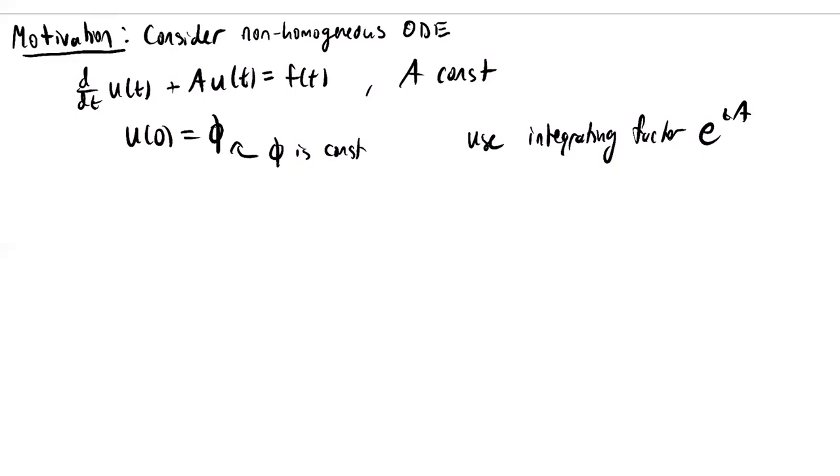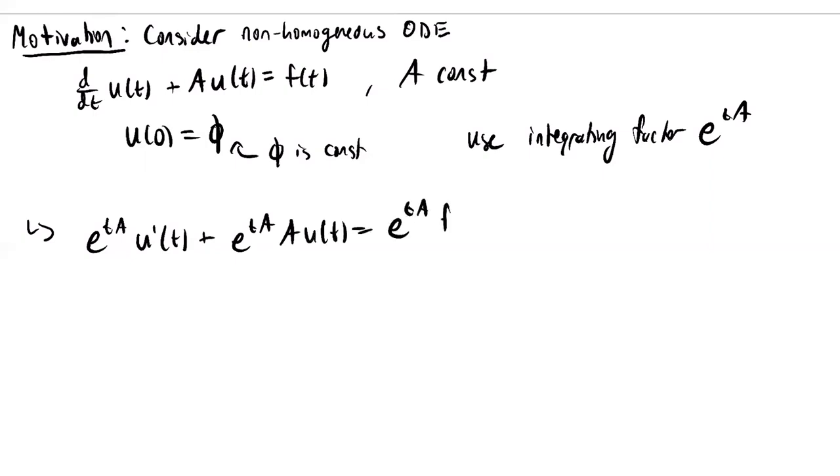Right, and so if I multiply by the integrating factor, I get e to the ta times u prime of t. The u prime just means the t derivative, since it's just a function of time, plus e to the ta times a u of t is equal to e to the ta times f of t. I just multiply through by this function.